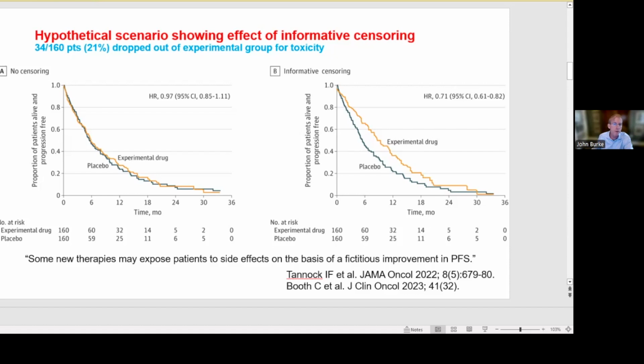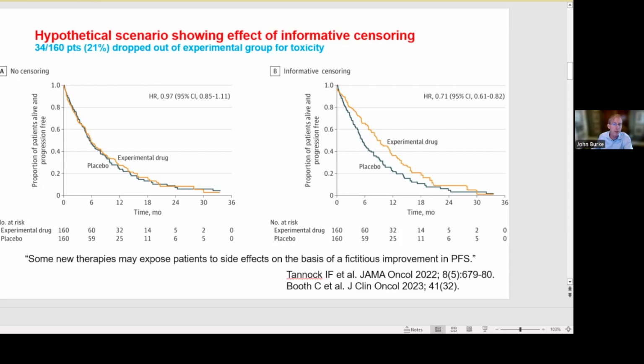Many of these trials, especially those being reported fairly early, will say that overall survival results are immature and we don't have quality of life analyses yet. And so this is the scenario where you really need to look out for informative censoring and consider whether the improvement you're seeing in PFS was more due to this higher rate of discontinuation in the experimental arm due to toxicities.